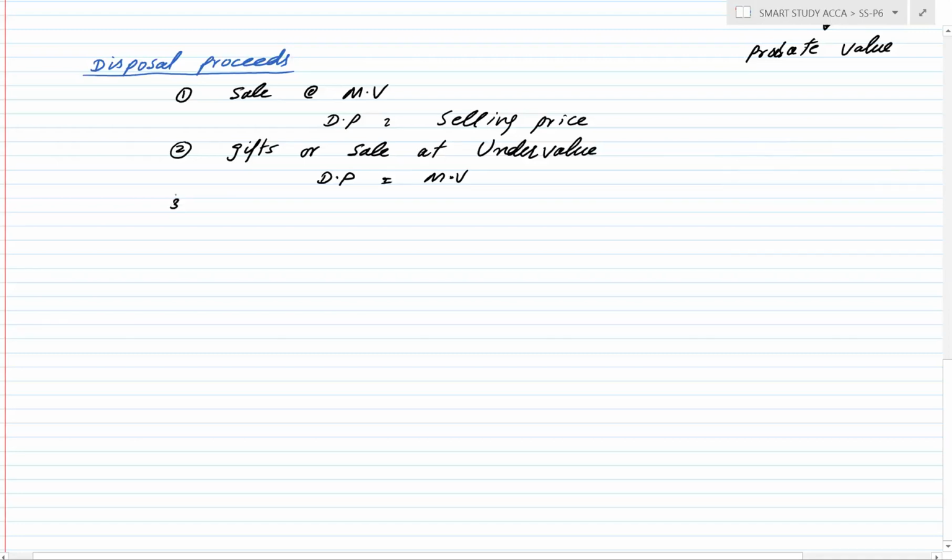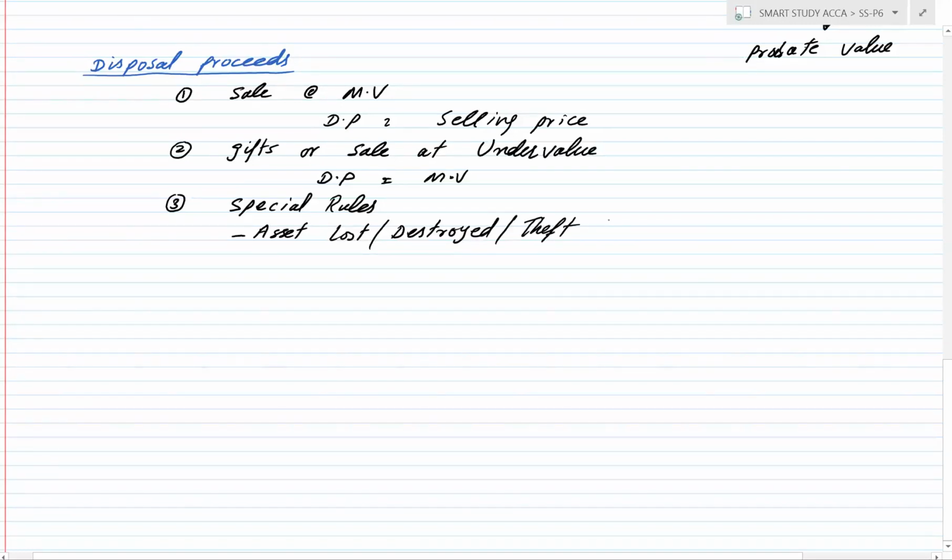Third one, there are few special rules for asset lost or destroyed or theft.